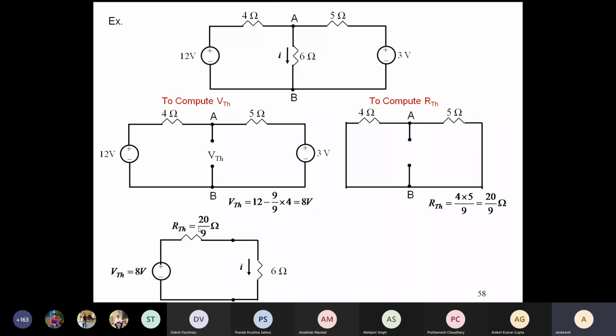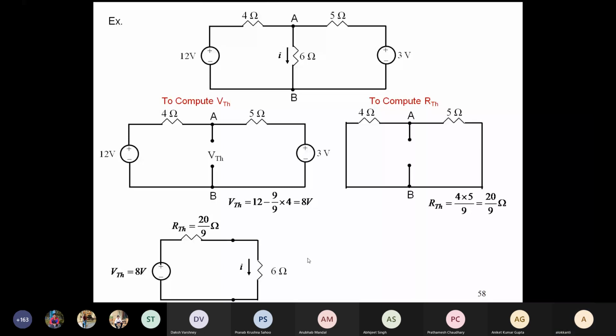Once VTH and RTH are found, you find the current, because ultimately the question was the current in the 6 ohm resistor. The rest of the circuit is replaced by this, and now you can find the current. Very simple thing, V by R.